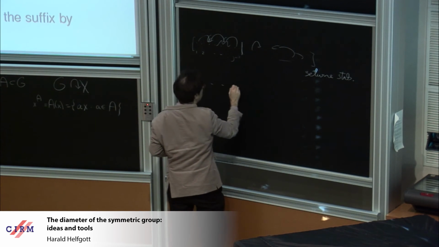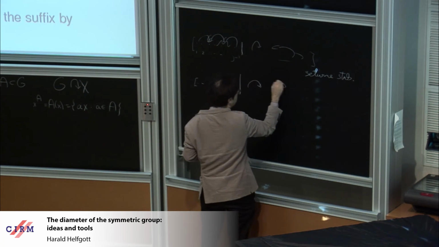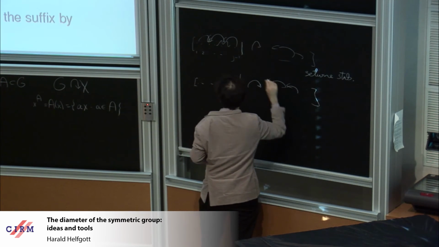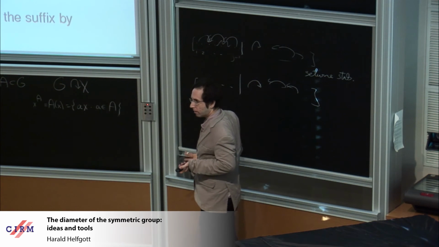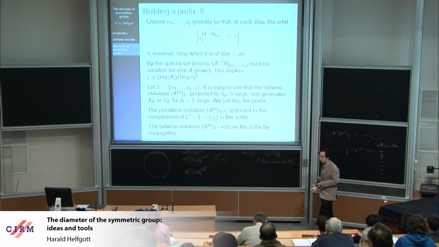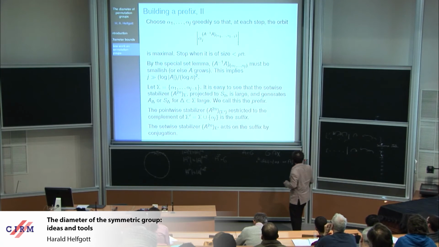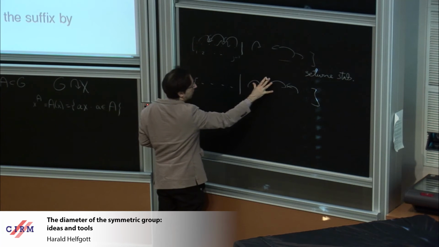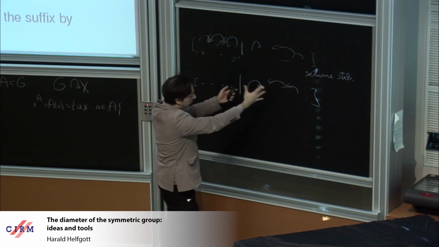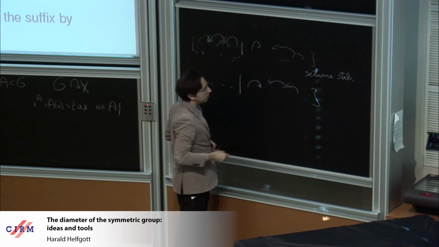And the pointwise stabilizer is when this is all fixed, and interesting things just happen here. But then this acts by conjugation on that. And when you have an action, you ask yourself, how does the action make things grow? When you conjugate things here by things there, does the set of such things here get bigger?